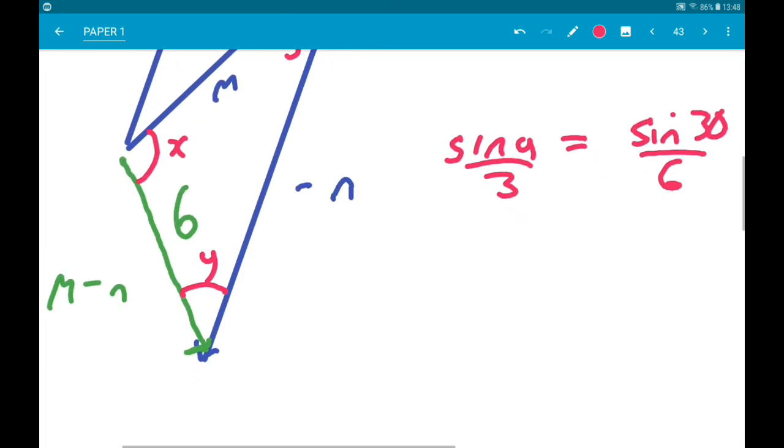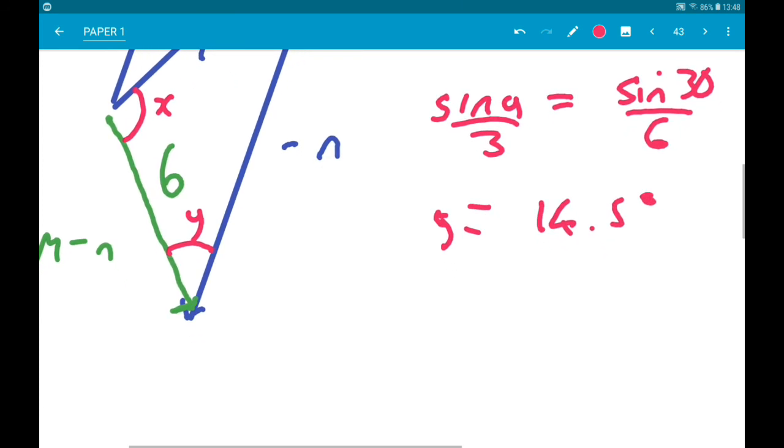Now, multiply by 3 and inverse sine, we get y is 14.5 degrees. So then x is 180 minus 44.5, so we get 135.5 degrees.